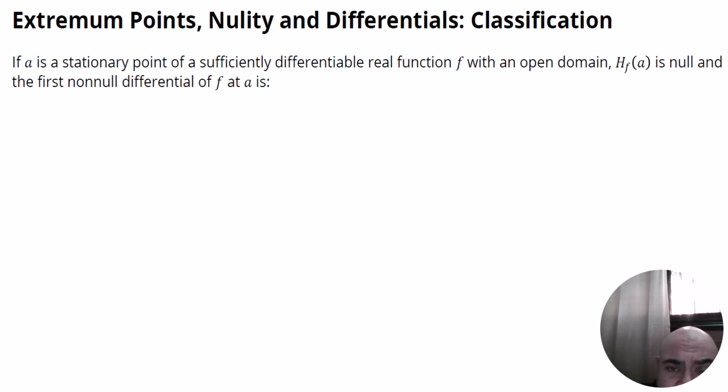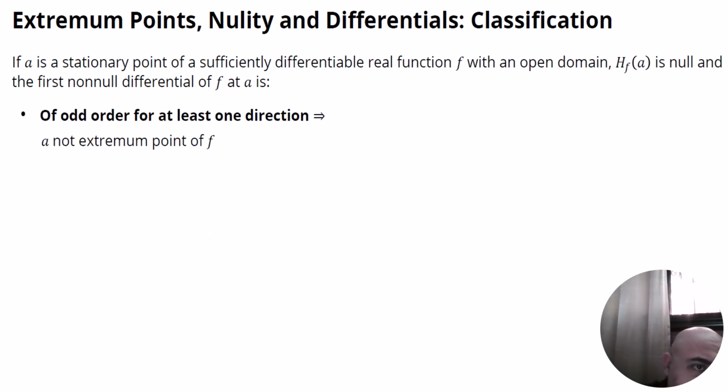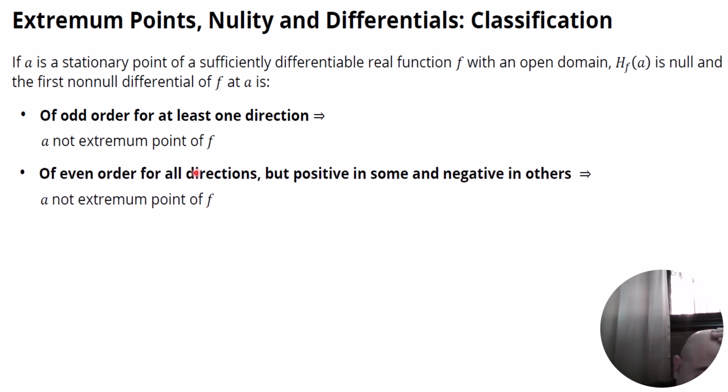Now, summarizing these steps for the null differentials. If a is a stationary point of a sufficiently differentiable real function with an open domain, and the Hessian matrix is null, meaning my problem is that the Hessian matrix at this stationary point is null, and the first non-null differential of f at a is of odd order at least in one direction, then it's immediately not an extremum point.